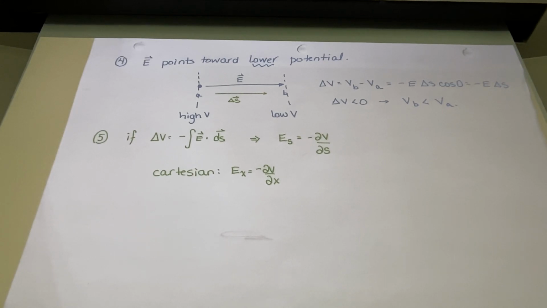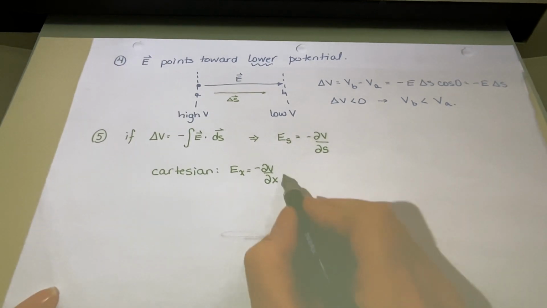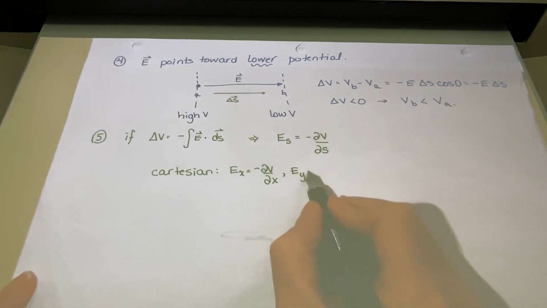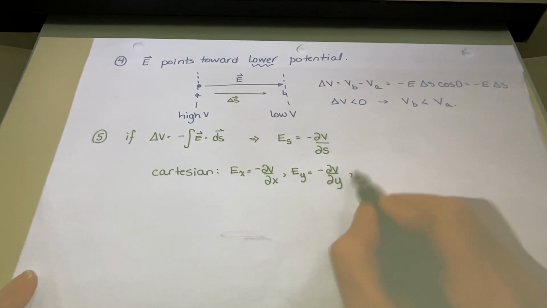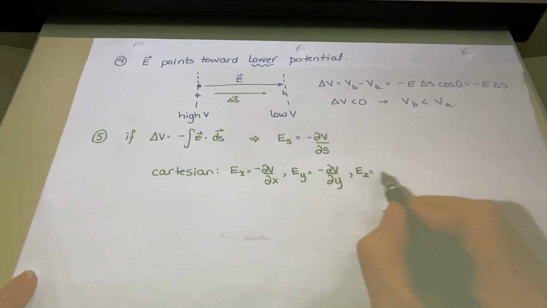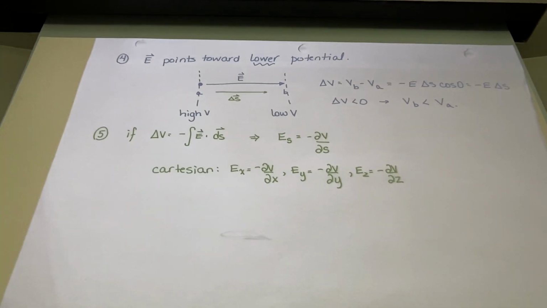We took the partial derivative with respect to time, we took time as the variable and everything else as constant. Likewise here, and we will get around to some examples. The y component of the electric field would be the change in potential in the y direction, and the z component would be the change in potential in the z direction.